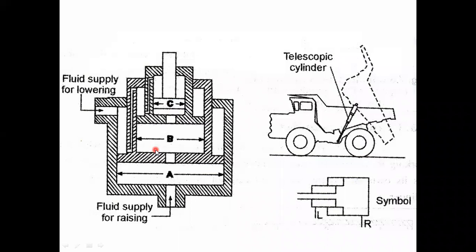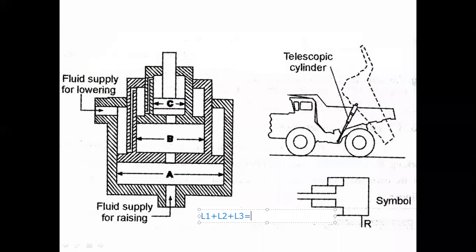If we consider the stroke length of cylinder number 1 as L1, cylinder number 2's stroke length as L2, and cylinder number 3's stroke length as L3, then L1 plus L2 plus L3 is the total stroke length of your telescopic cylinder.